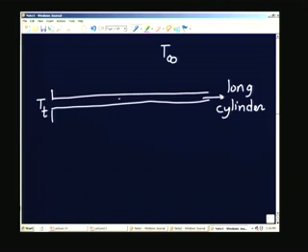And if I take a small portion of material of the wire, some amount of heat will come from the left side by conduction, some amount will leave in the axial direction, and some amount will leave from the side to the ambient. So, this is actually loss from the surface.